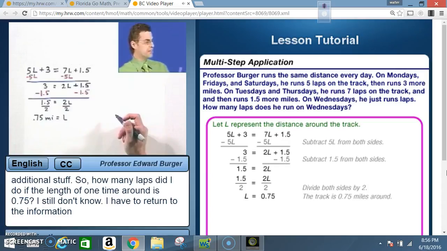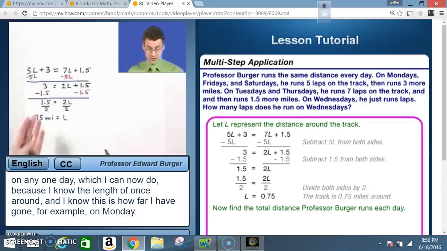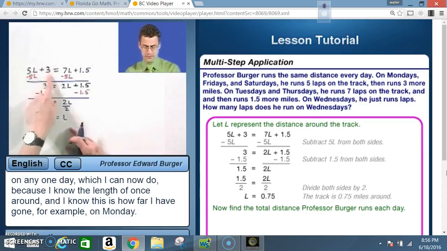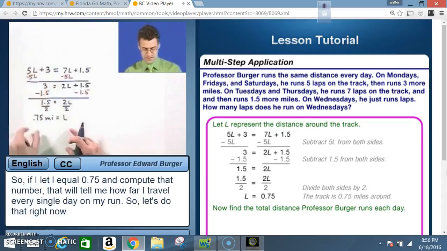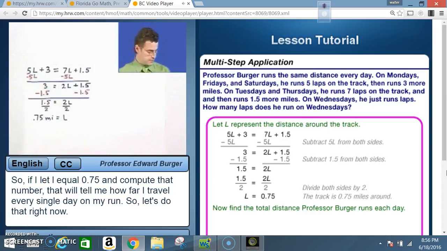I have to return to the information we were given at the beginning, which is that I run the same distance every day. So what I've got to do now is find out how far I run on any one day, which I can now do because I know the length of what's around, and I know this is how far I've gone, for example, on Monday. So if I let L equal 0.75 and compute that number, that will tell me how far I travel every single day on my run. So let's do that right now.